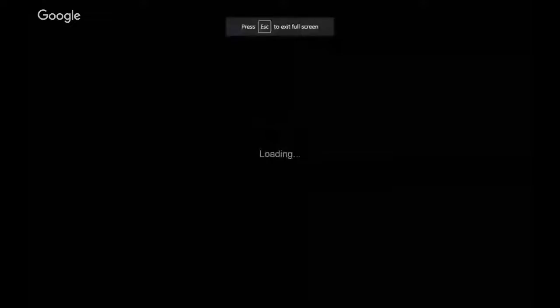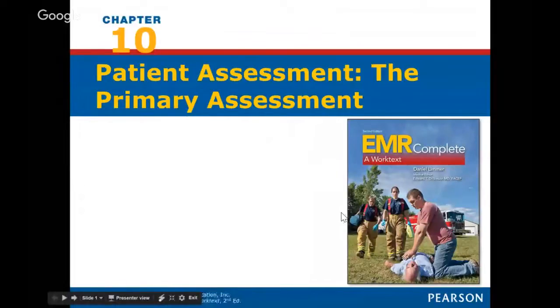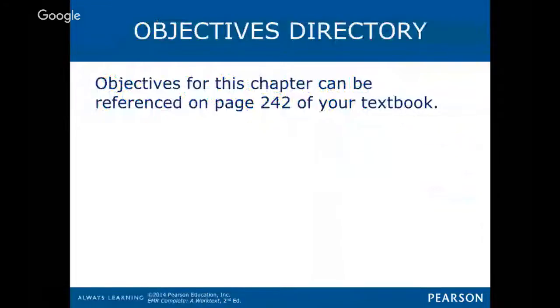All right, so chapter 10, patient assessment, the primary assessment. I thought they said airway, but maybe I was just reading it wrong. So you can look at the objectives on page 242 to see what they are, guys. I'm not going to read those off to you, but I'm going to turn to 242.